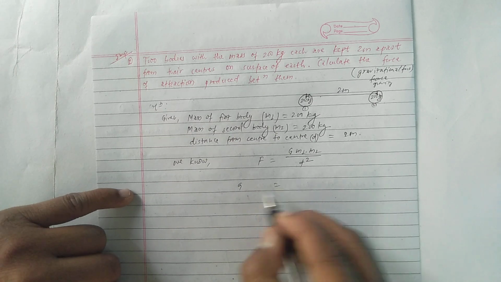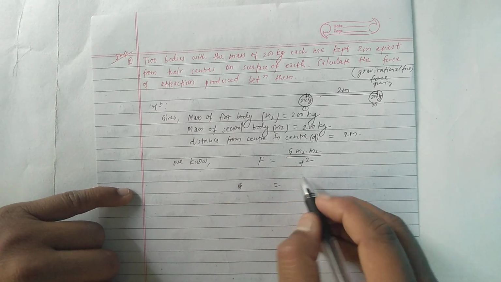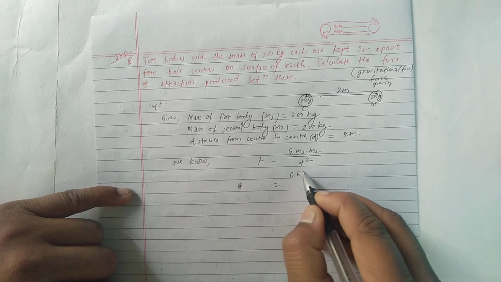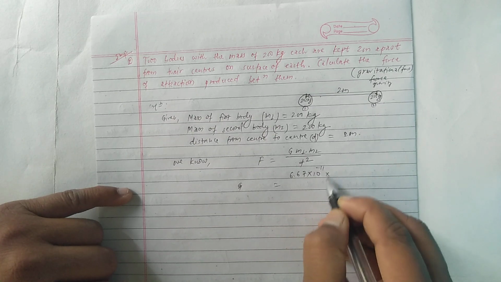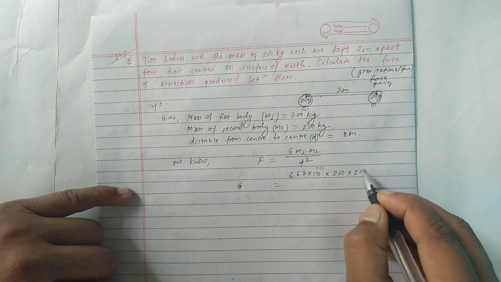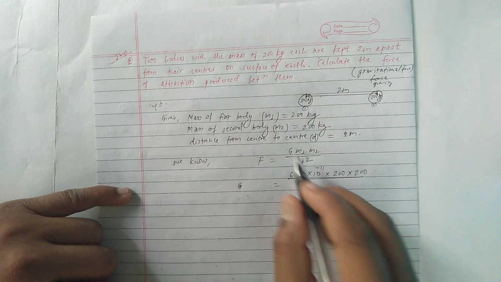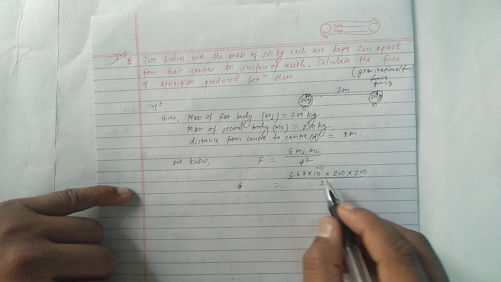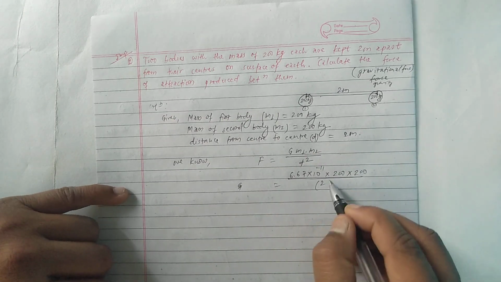The value of G is a constant, 6.67 into 10 to the power minus 11. The mass m1 equals 200 kg, m2 equals 200 kg, upon the value of d, which is 2, so d square means 2 square.